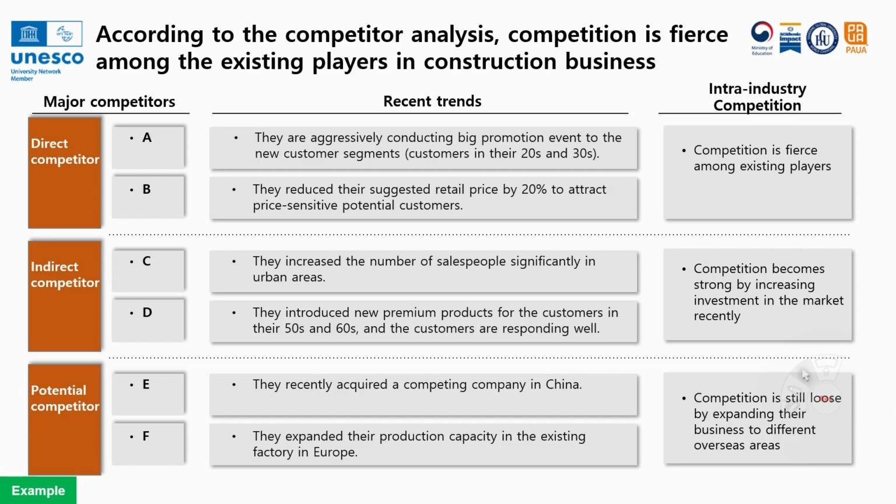Okay, if you look at the current trends of the indirect competitors, company C significantly increased the number of salespeople in urban areas. And in the case of company D, who is also an indirect competitor of our company, they introduced new premium products for customers in their 50s and 60s, and the customers are responding well.